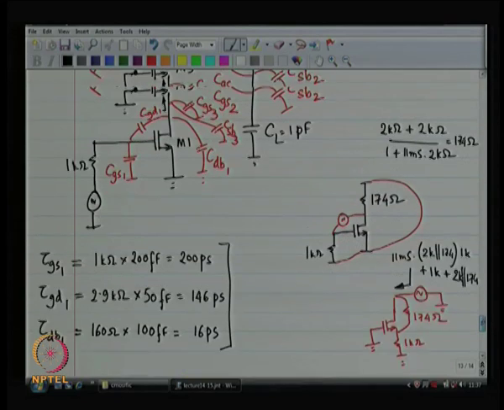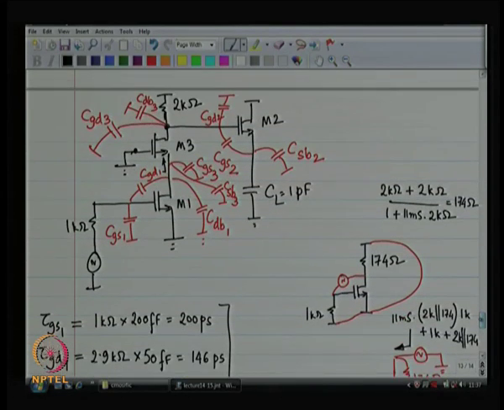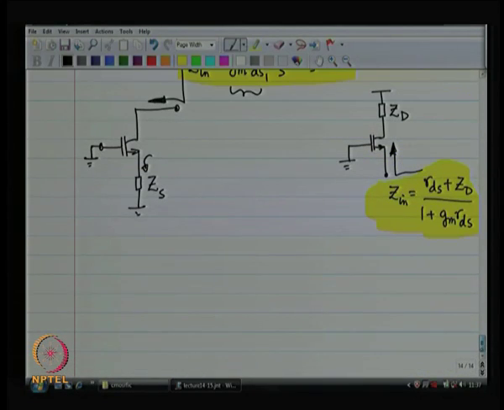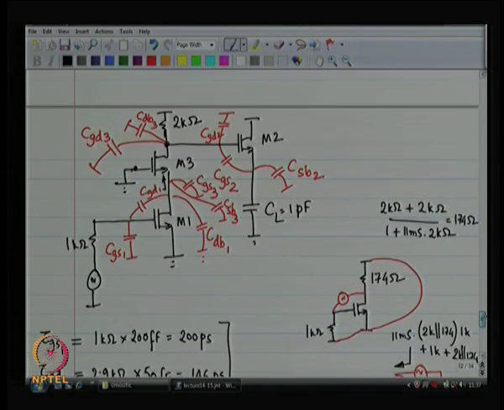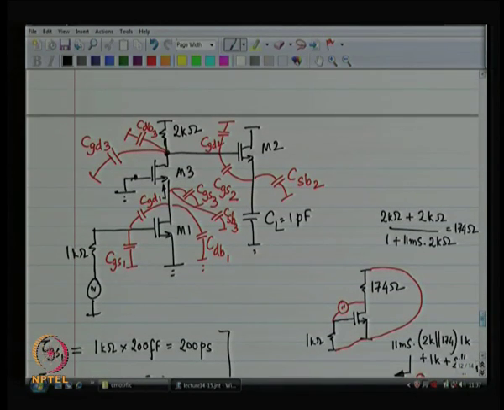Now let's work on device number 2. Device number 2, see source to body. Okay, I'll continue over here. Source to body of the second device. So over here, if you look at that point, apply a voltage across source to body, what do you see?